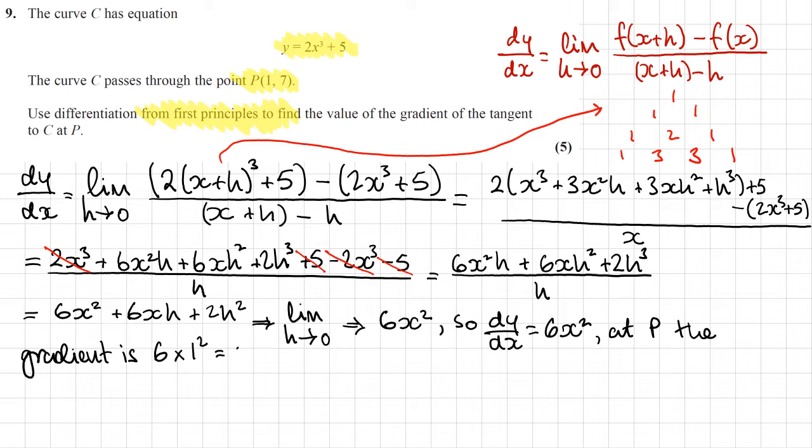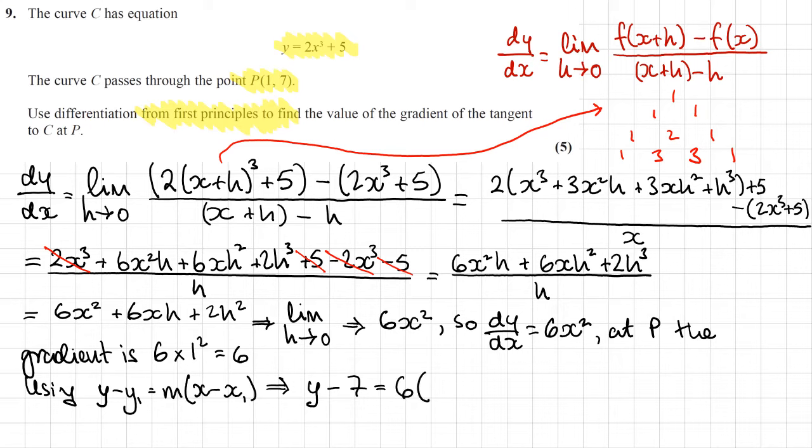So that's just going to be 6. And now we're going to be using y minus y1 equals m(x minus x1) to find the equation of this tangent. So that'll be y minus y1, that's 7, that's our y coordinate, is equal to the gradient, which is 6, and then x minus x1, and that's 1.